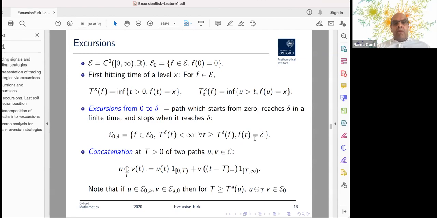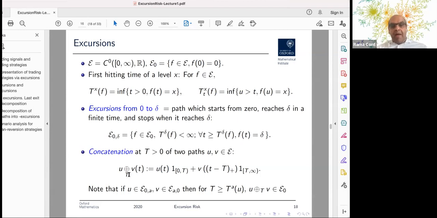And we need also to define another operation. We're going to basically slice up our paths into such excursions, and then to reconstruct the path from the excursions, we're going to paste them together. So what is this pasting operation? It's what we call a concatenation. I take two paths u and v, and I can paste them together at time t. What does it mean?